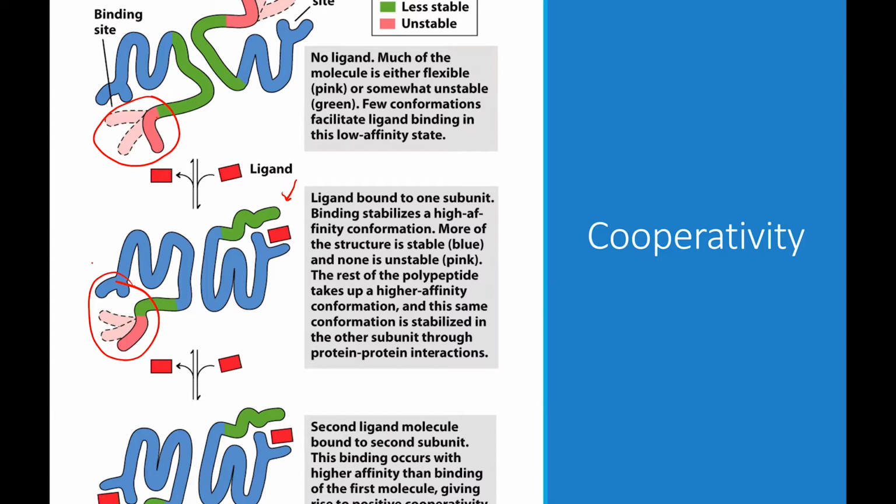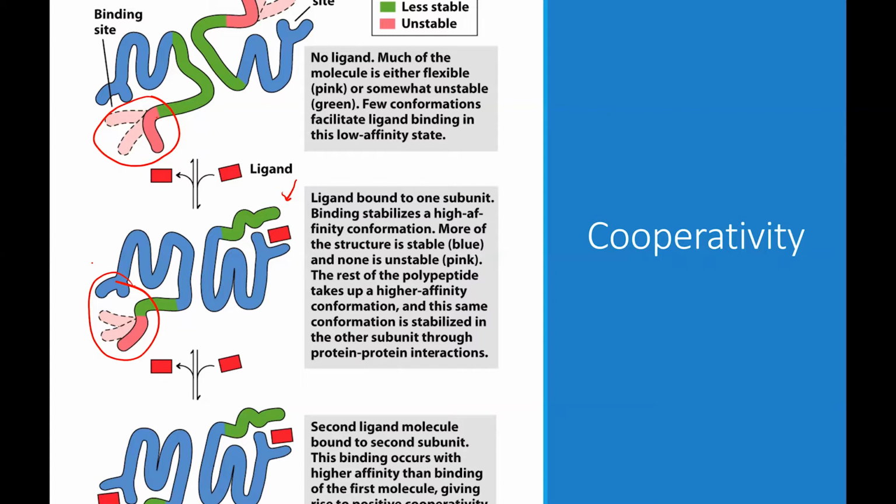And if you remember, cooperativity can be positive or negative, meaning that the change that occurs based on binding can affect other areas of the protein in a way that makes it more likely for a ligand to bind or less likely for a ligand to bind.